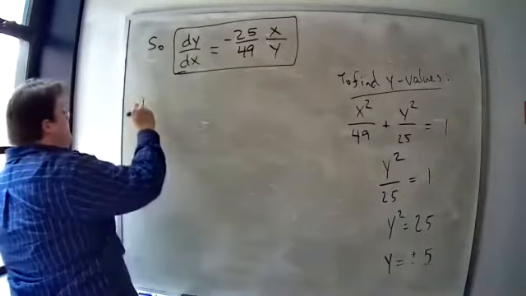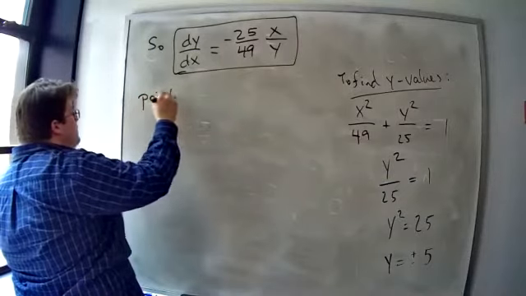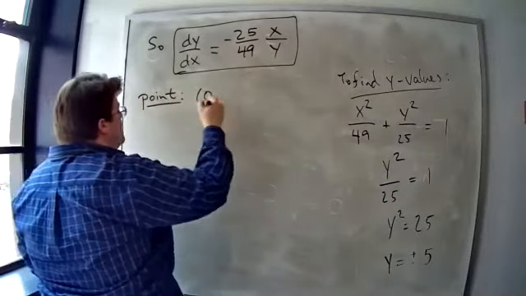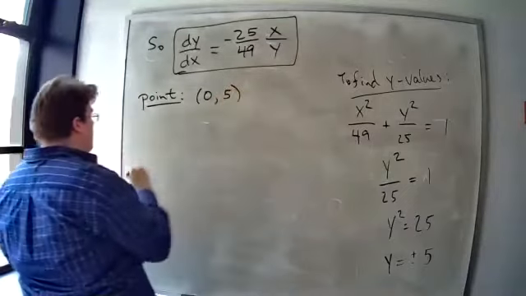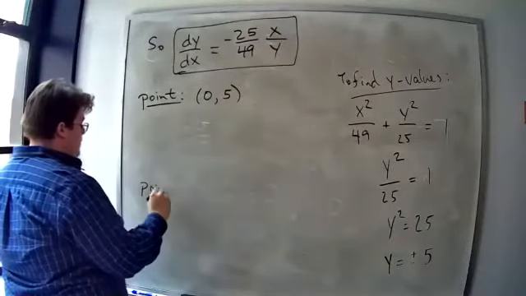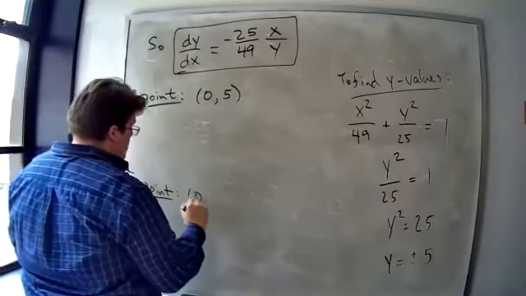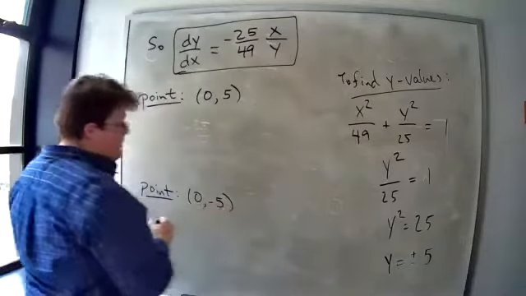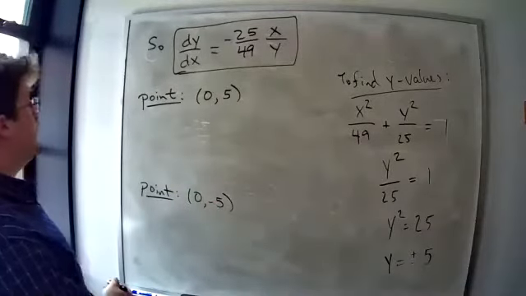So we have 2 points to consider. The first point is (0, 5). The second point is (0, negative 5).